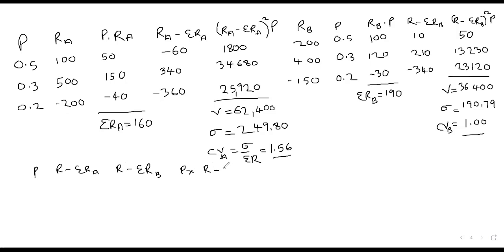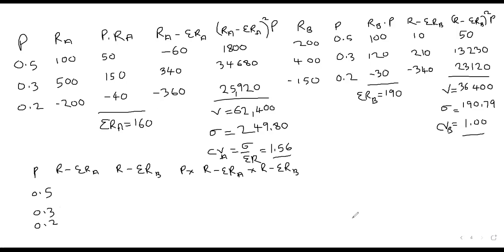That's the expected return for A times the expected return for B. So here we have the probabilities 0.5, 0.3, 0.2. Then this column and this column.